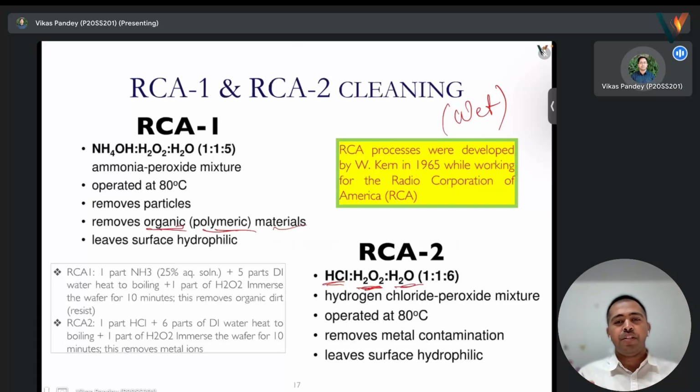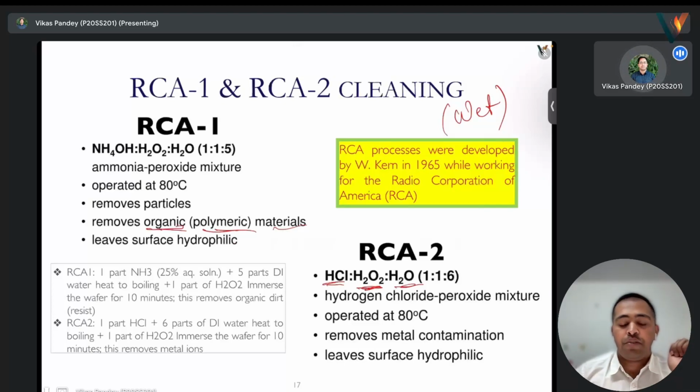When you will actually work, you will understand the quality of the chemical that you have, and how much cleaning is there, and what kind of wafers you are getting, how much organic contamination is there in general, what is the amount of metal contamination. Okay, these things will define it, but slight variation, although the standard one is this. Okay, this again is at 80 degrees Celsius, and this removes metal contaminants.